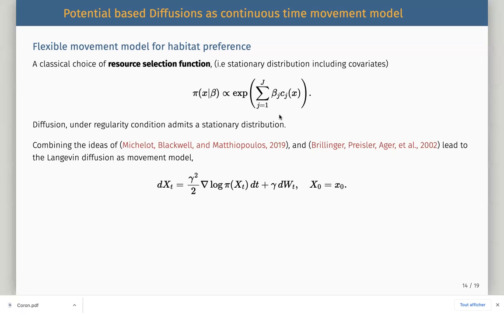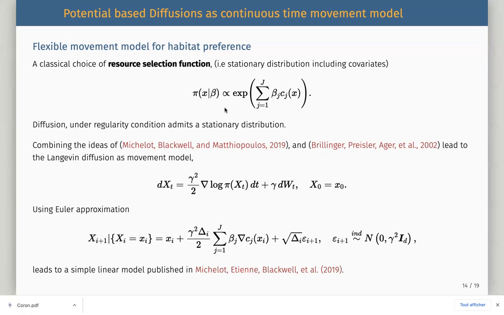And by doing so and using the classical form of the resource selection function, it's quite nice because the log of P will make the exponential disappear, because you only take the gradients, you don't have to bother about the normalization constant. So the two aspects which could be disturbing in your model just disappeared by some magic.